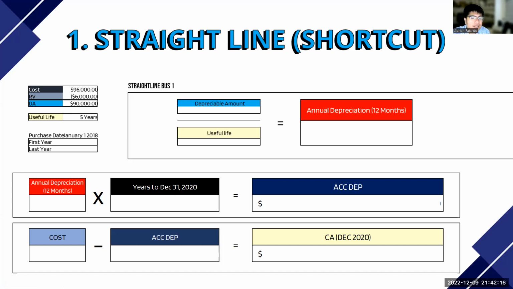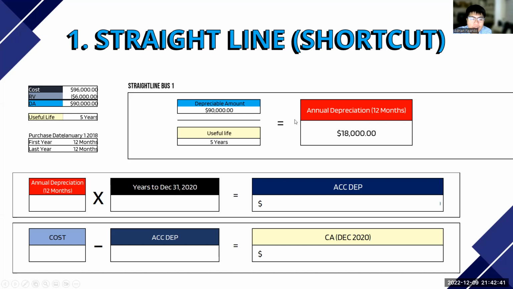If it's not, we're lucky. Madali lang. Right? So first year, 12 months. Sa last year, 12 months. Right? So with that, we can arrive with the formula. Let's plug in the depreciable amount of 90,000, divide mo by 5, you will get your annual depreciation of 18,000.